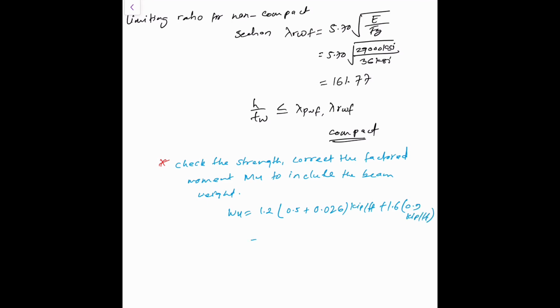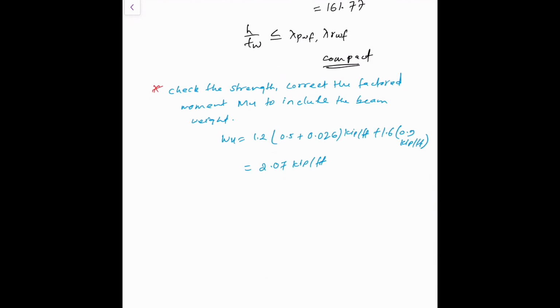What was our live load? It was 0.9 kip per feet. So solving this, we get 1.2 times (0.5 plus 0.026) plus 1.6 times 0.9, which is equal to 2.07 kip per feet.